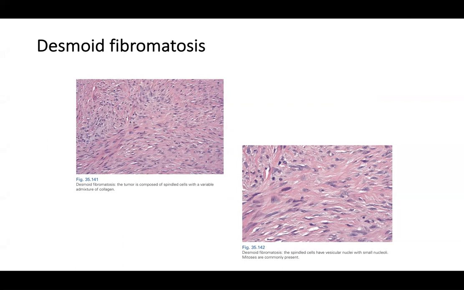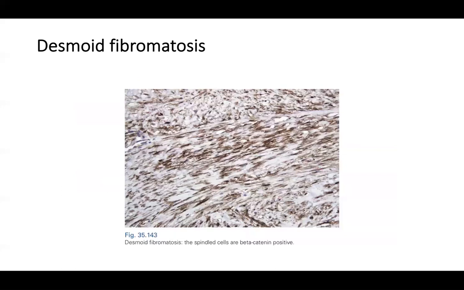So seeing something like this, you definitely have to assess the entire slide, make sure you're not dealing with highly mitotic activity, make sure you're not dealing with areas of necrosis, make sure you're not dealing with lots of other different cell populations within it, because at the end of the day, you're going to have to entertain a whole host of different soft tissue entities in your differential diagnosis, unless the whole thing looks pretty monotonous like this, the same architecture throughout. Then you can be more confident you're dealing with a desmoid fibromatosis.